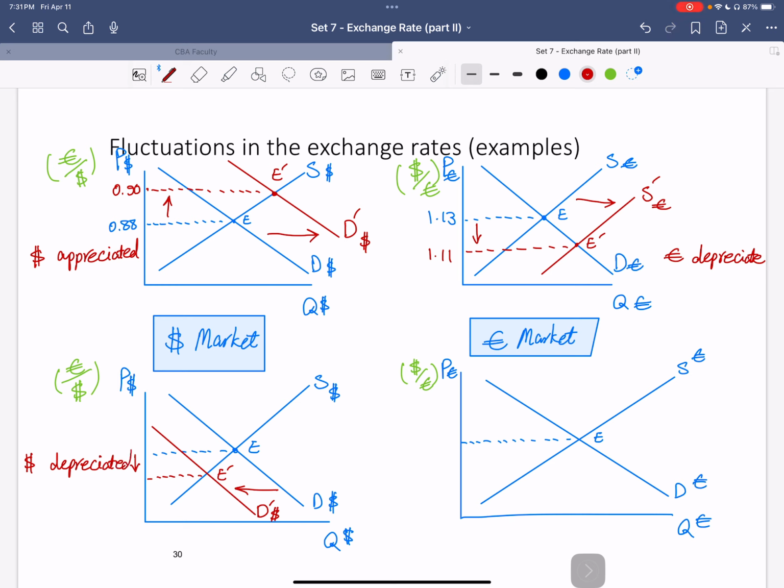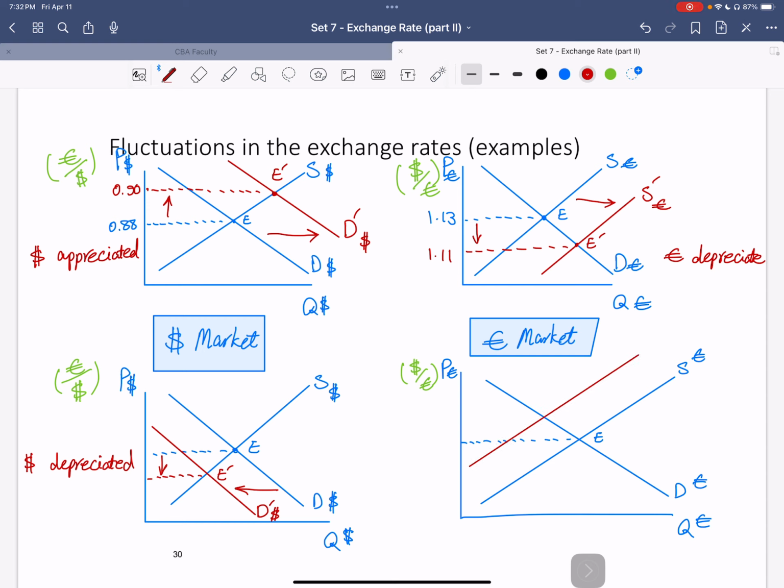Okay, so when we have the dollar decreasing, the value of the dollar decreases, this axis over here shows the value of the dollar. If the value of the dollar decreases, it means that the dollar has depreciated. And that is equivalent to the change in the supply of euro.